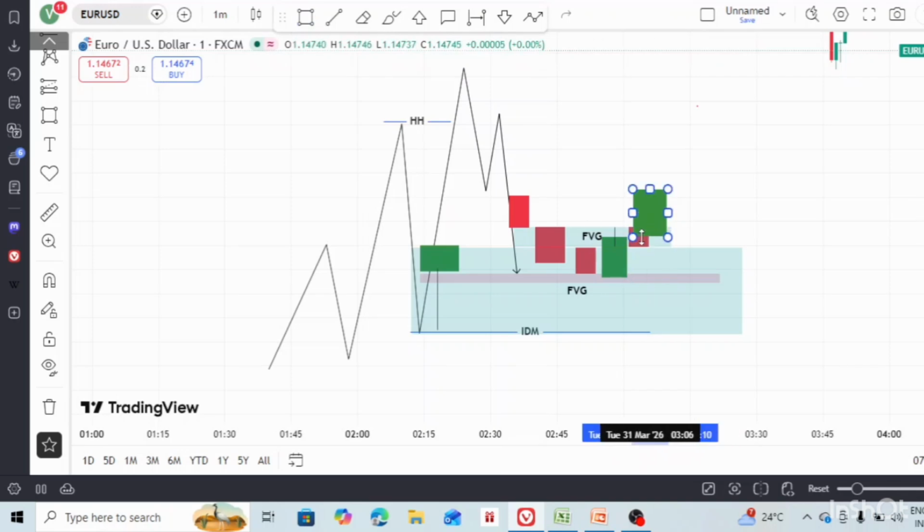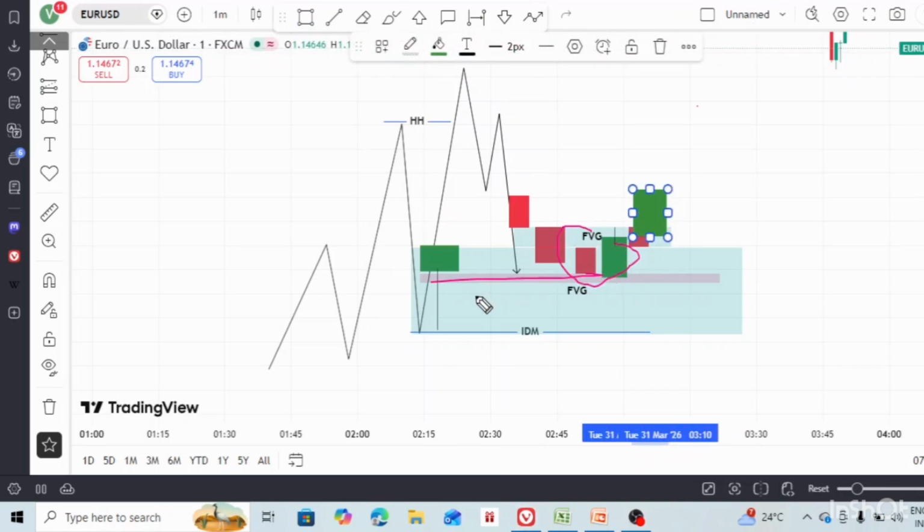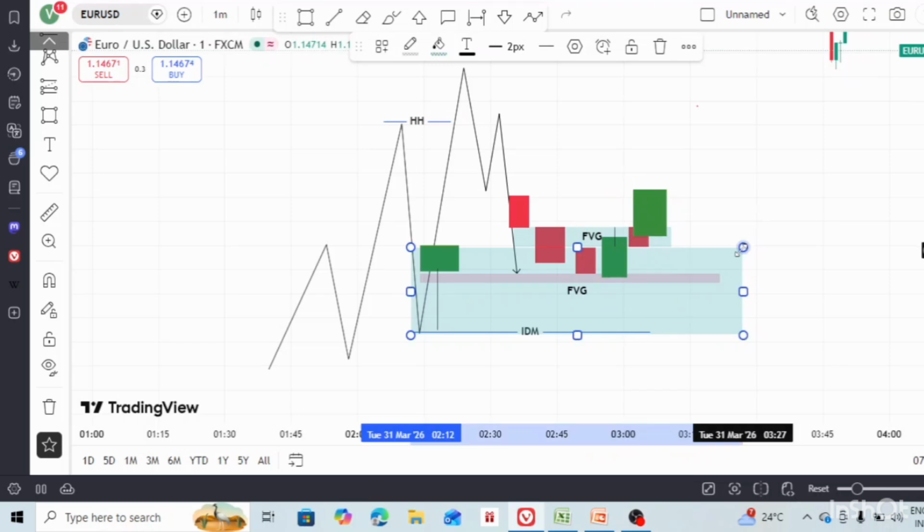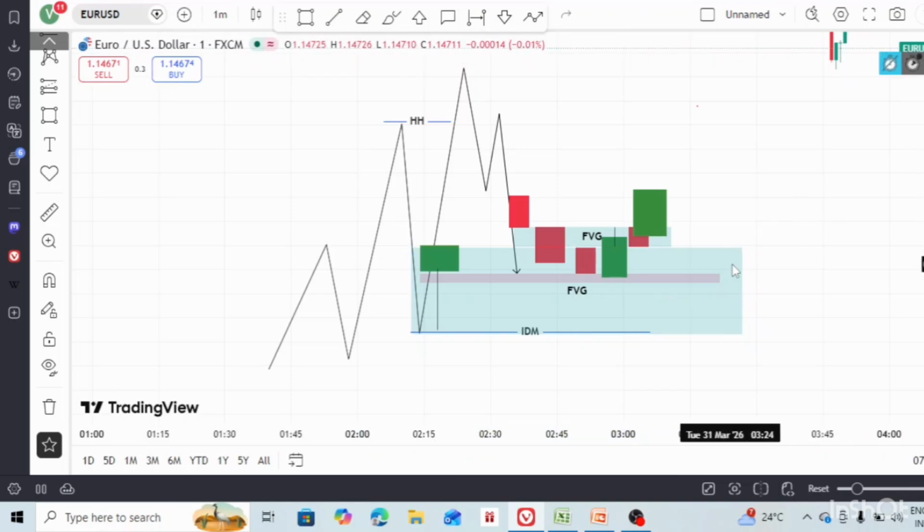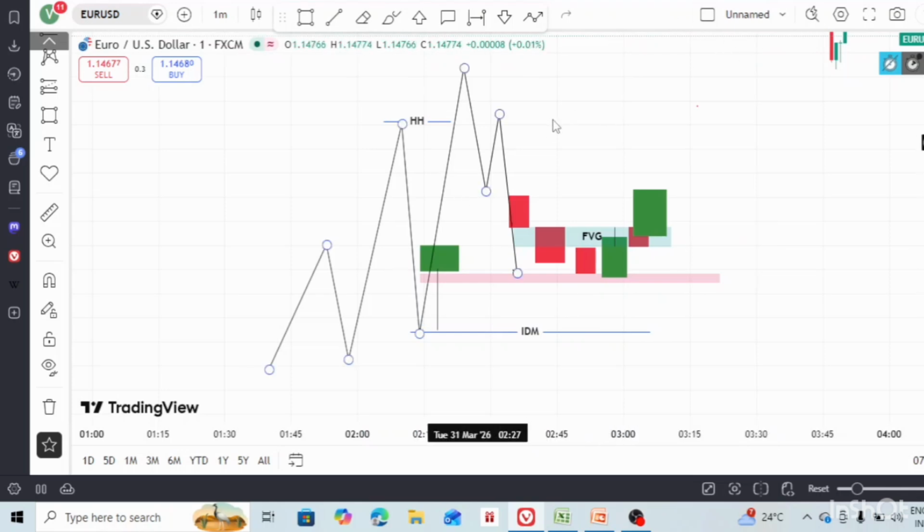So that's how the market can grab you. This is not only at the inducement level but at the all day liquidity level. This is how the market can grab you.